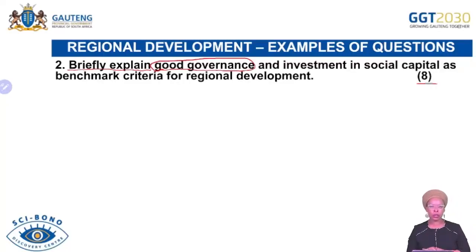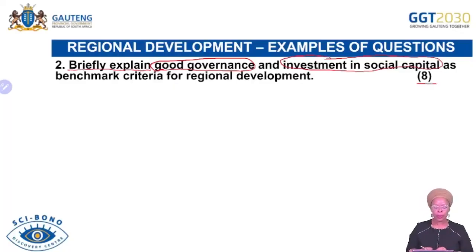When you come across this type of question, you only need 4 marks, meaning that you need 2 sentences for 4 marks. After that, you also briefly explain investment in social capital for 4 marks.